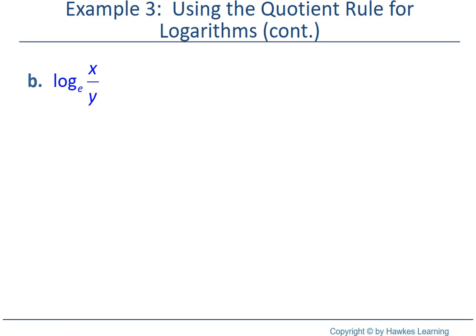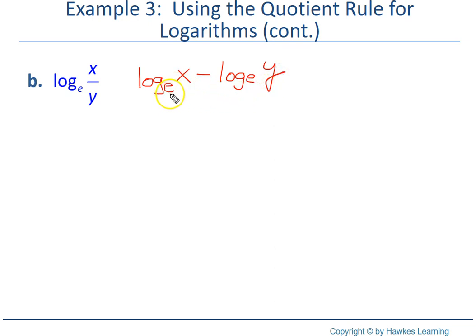Now, here we're dealing with base E, which is the natural log. So, we would write it log base E of x. Again, this is division, a quotient, so this would be minus log base E of y.